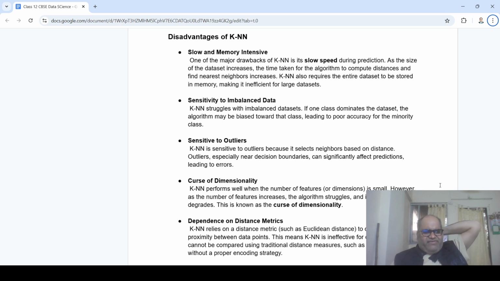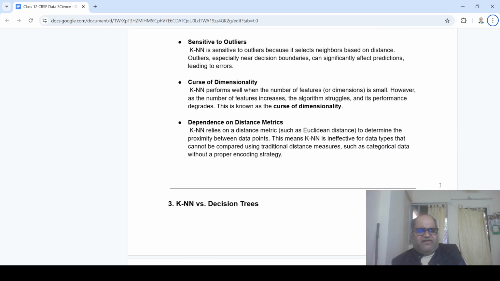Outliers. So again, it will be sensitive to outliers. Why? Because it uses average or some of those techniques, and that can help distort the overall result. Curse of dimensionality. So again, what happens is when you have a larger number of features, the computation becomes difficult, and it becomes overall slow and its performance degrades.